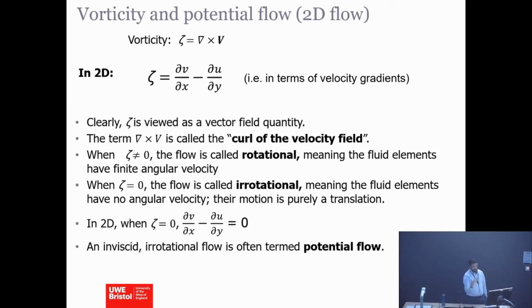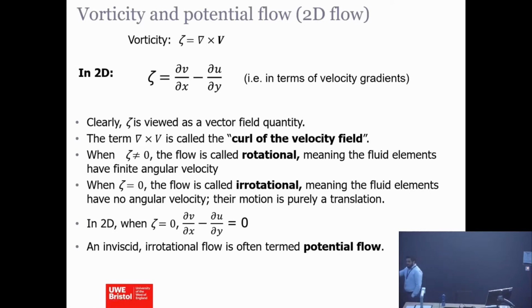This is what rotational and irrotational mean. From the name, it's probably obvious, but in more fundamental terms, it depends on whether vorticity is zero or not. So, if vorticity is zero, it also means that this sum of velocity gradients is obviously zero. Okay, you can use that to say it's zero.